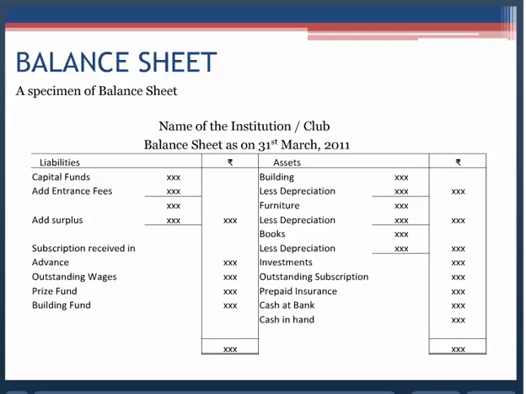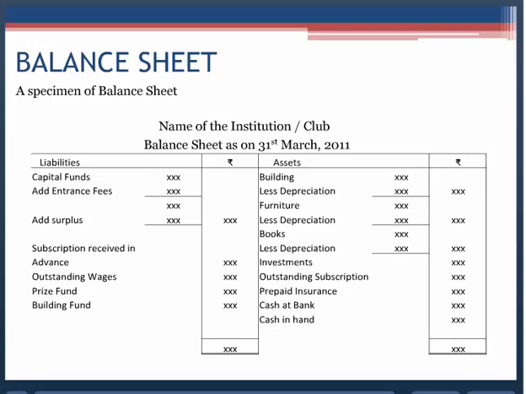Surplus. Yes, we know that if we have a profit, it's a surplus. It should be added to the capital fund. Then we have any income received in advance, that is basically subscription, or any outstanding salaries, that is expenses, prize fund and building fund and so on.